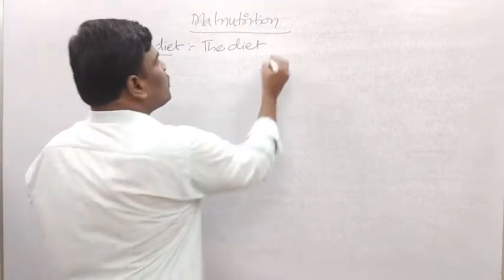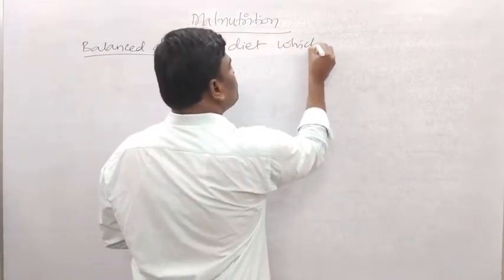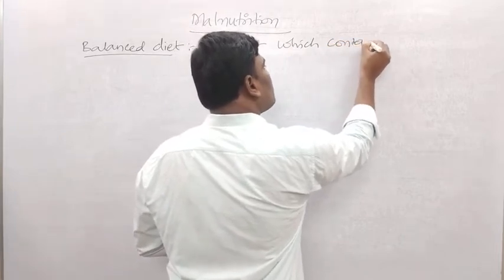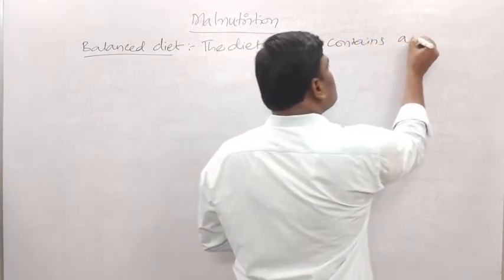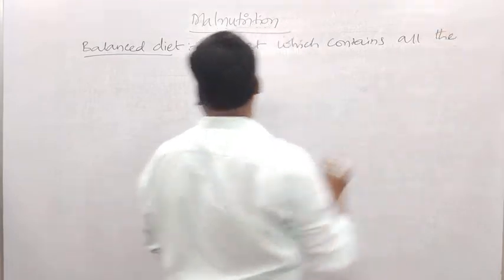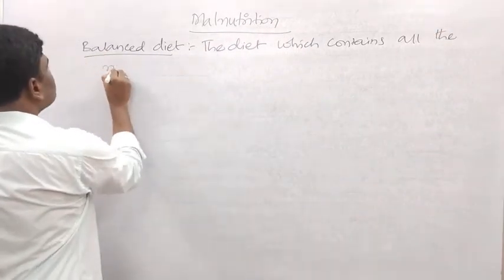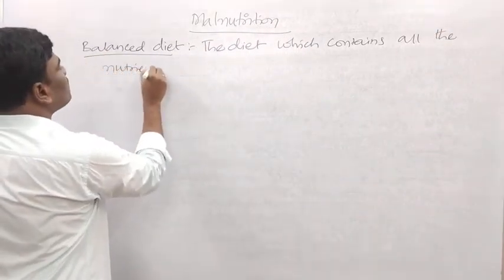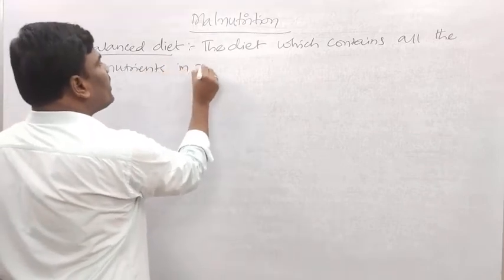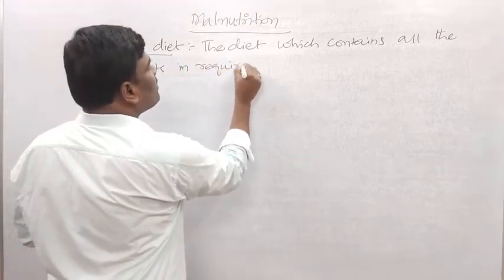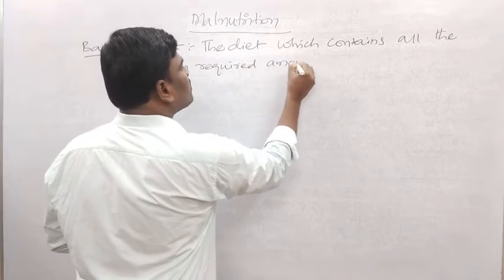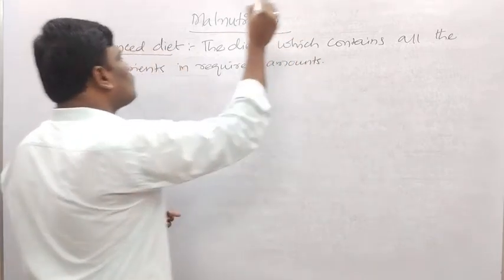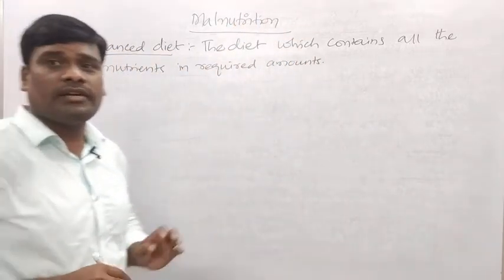So the diet which contains all the nutrients in required amounts, then it is called a balanced diet, children.